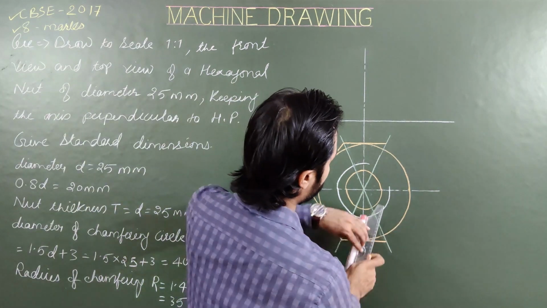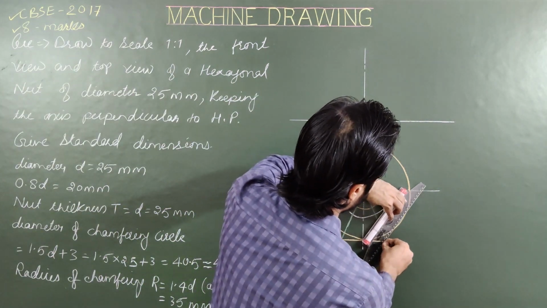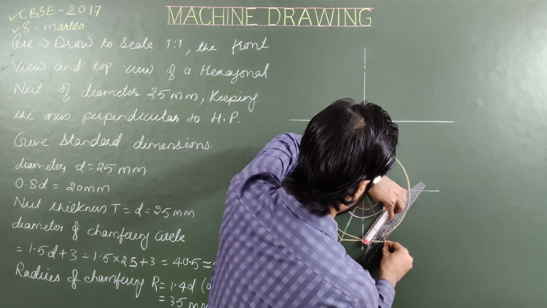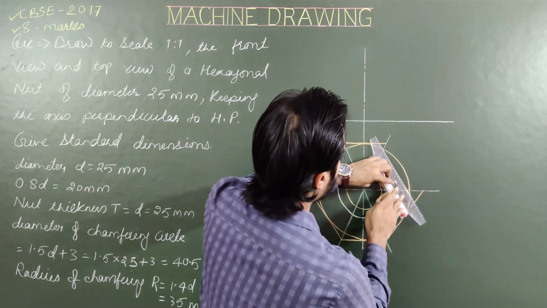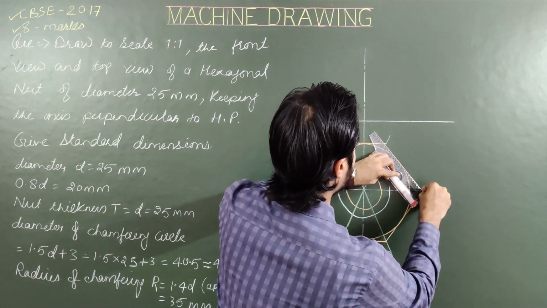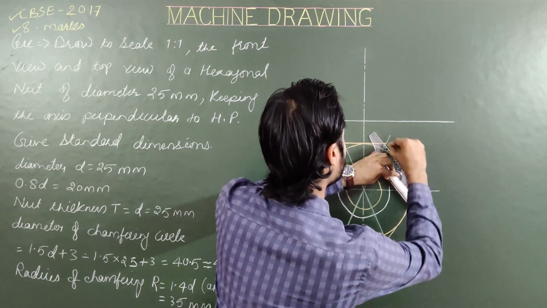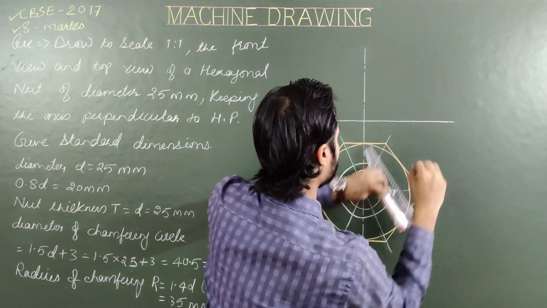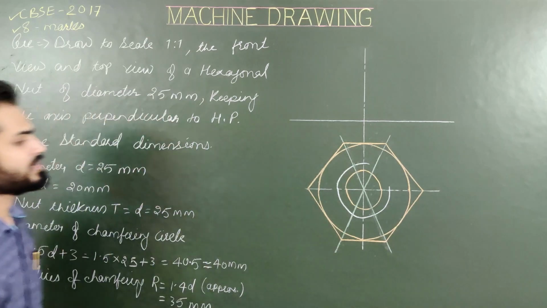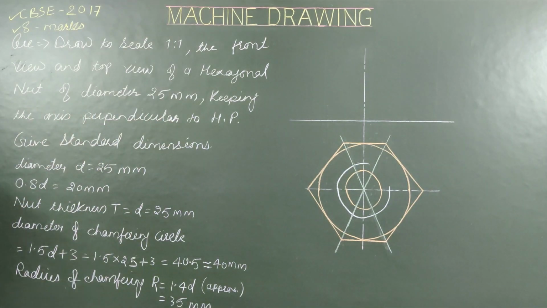Again, from this point, draw a line touching the chamfering circle tangentially. So these are 6 sides of the hexagonal nut.